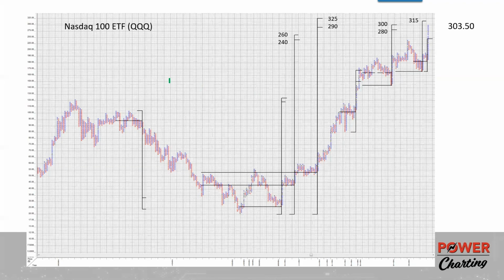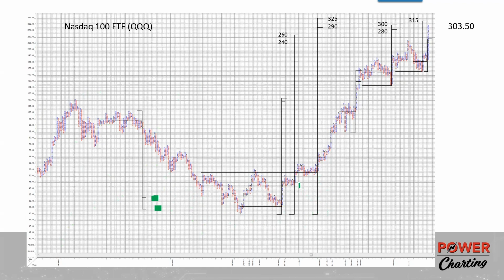Now let's look at the Nasdaq 100, where we can see here, this is the massive bear market. It started back in 2000, and this is a redistribution count, gave us a beautiful objective range here, but notice the very large accumulation structure that took years to develop.